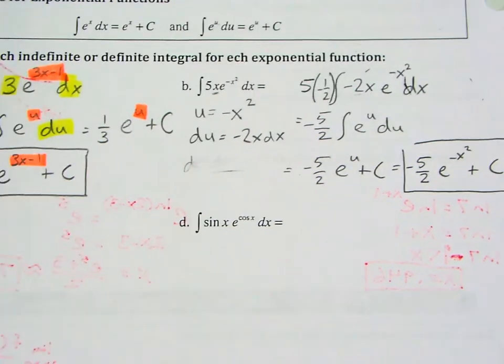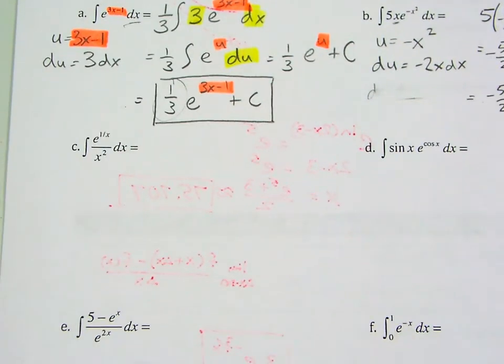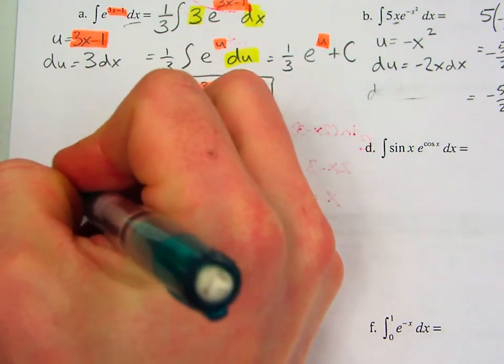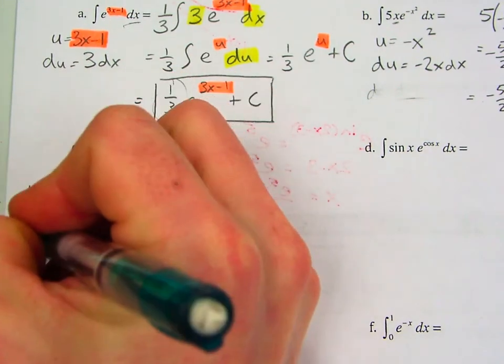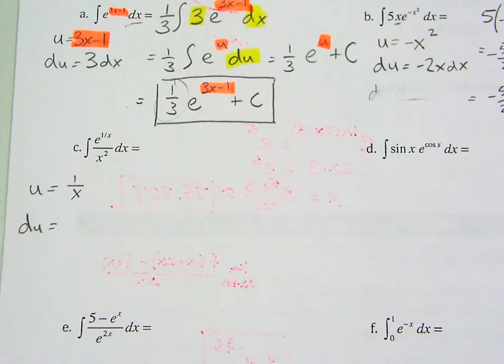All right, moving on to the letter C. Okay. So let's just keep trying this. We have our exponential function. So we'll let u equal 1/x. And let's go ahead and find du.